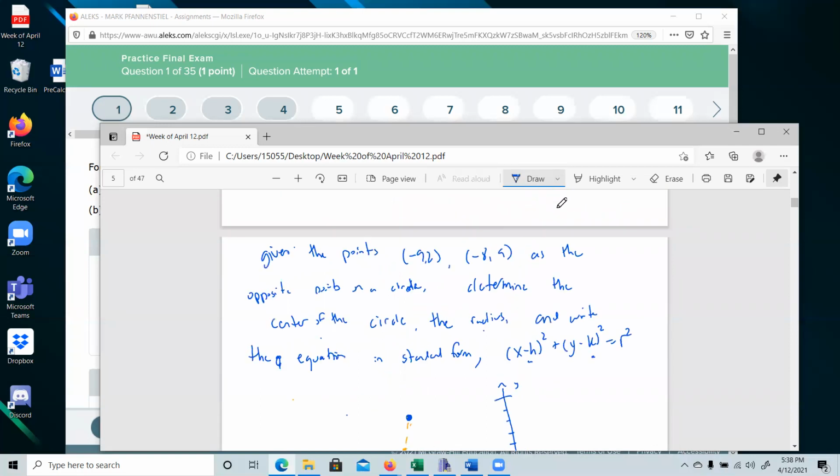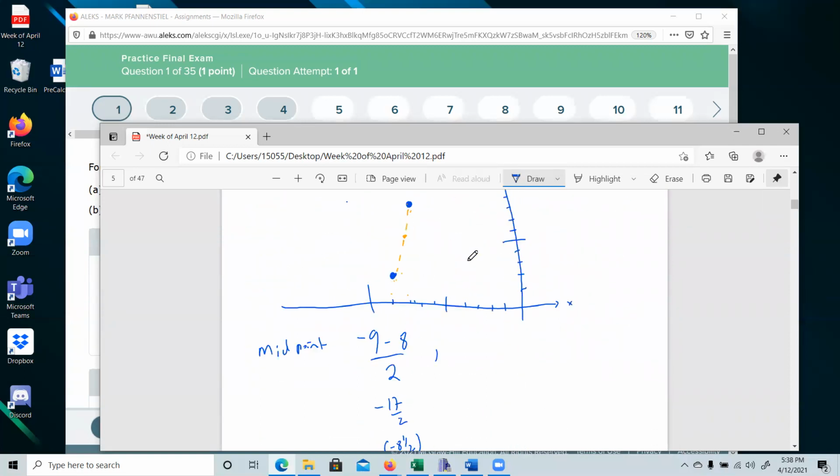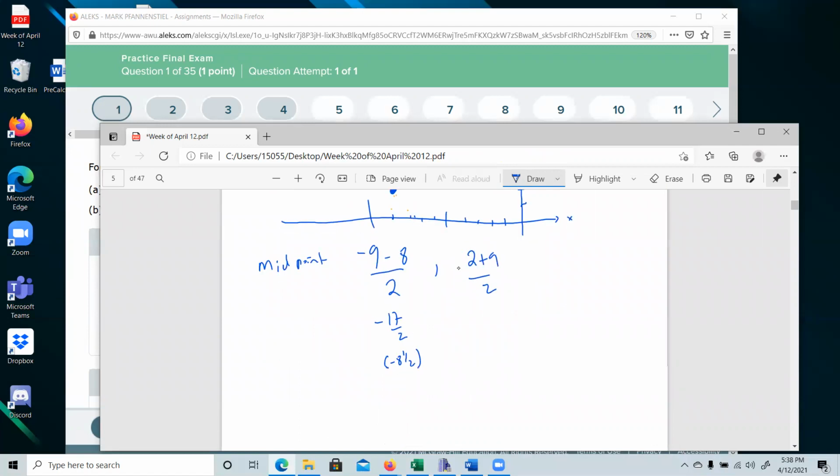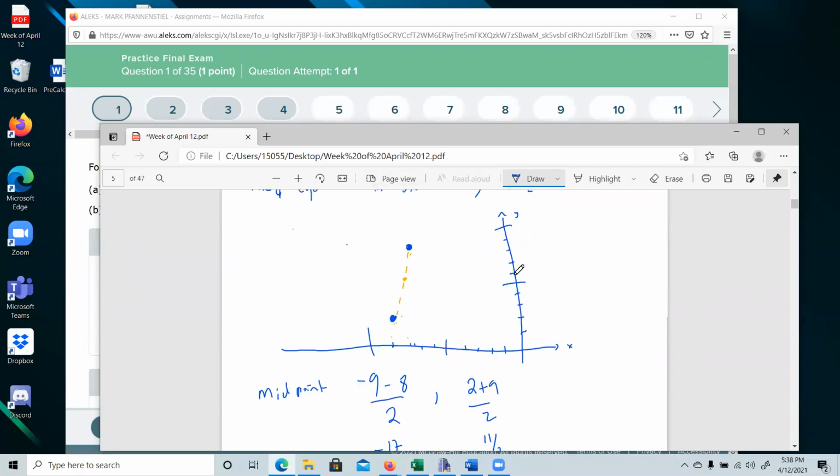The y part is going to be halfway between 2 and 9. So 2 plus 9 divided by 2, that's halfway between them. So that's going to be 11 halves, or 5.5. And if you draw a better picture, it's actually not too terrible, but there we go with that.